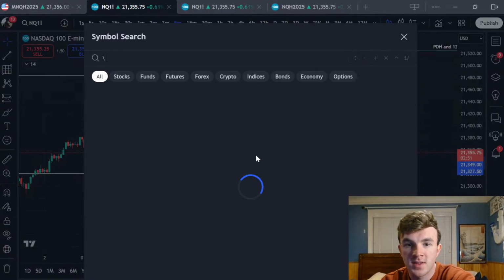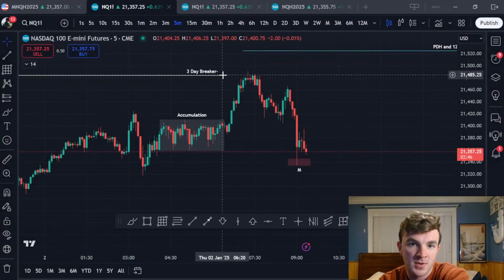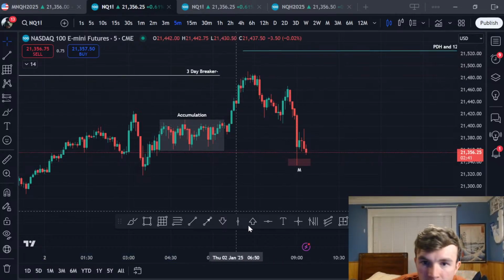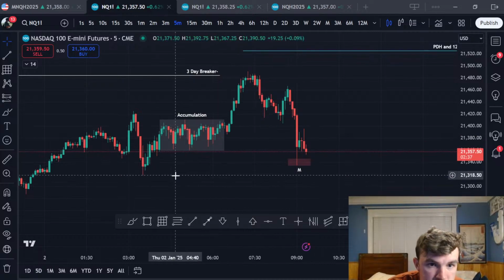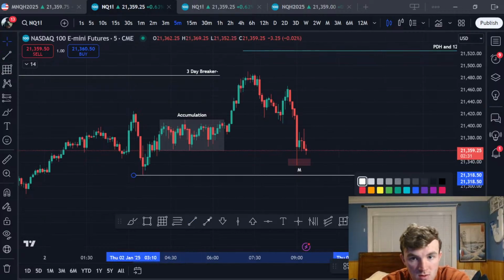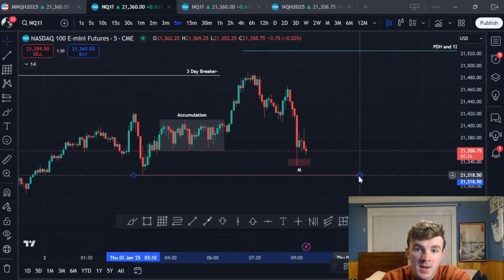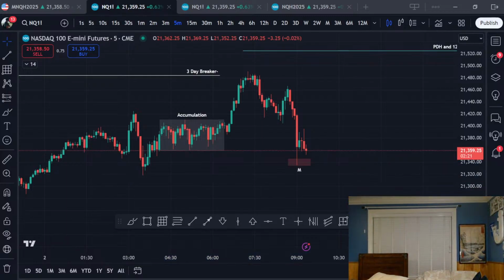Honestly, let's just get rid of everything because I'm not really sure anymore at this point. I still think it should be London reversal, New York continuation, but not super sure at this point.